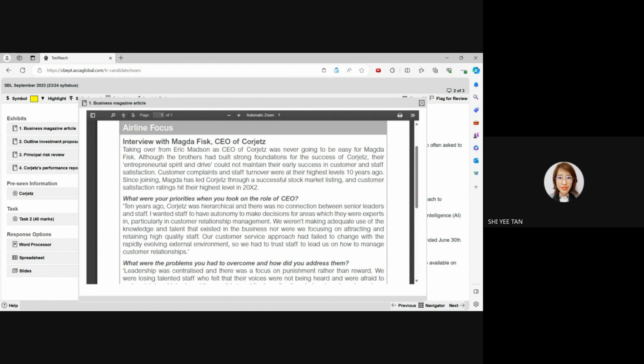Not that obvious yet, but it is trying to tell you that the previous leading team had this entrepreneurial spirit and drive, but it does not match with customer and staff satisfaction. So it means they are doing something that the staff do not really like, and something that the customer also does not really like. So what is that all about? We'll read further and see whether we get to know about it.